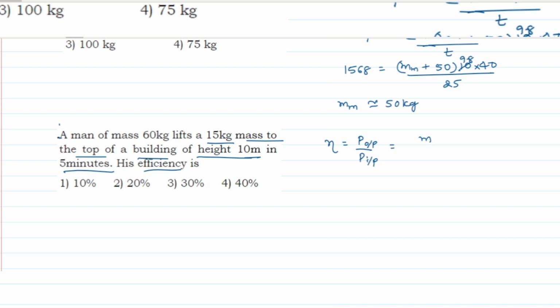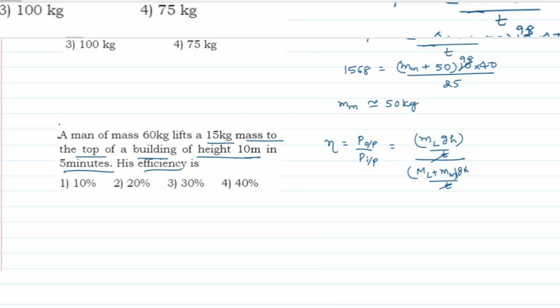Here the mass of the load is the output being delivered, so output power is mass of the load into g into h by time. Input power is along with the mass of the man, and this load also is delivered, so you take mass of the load plus mass of the man, into g h by time.